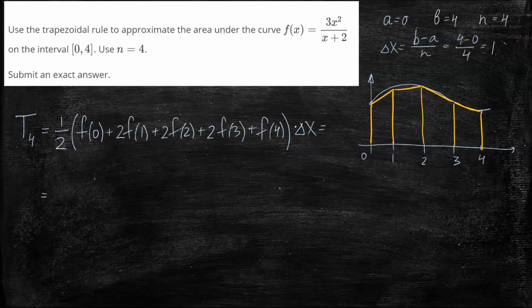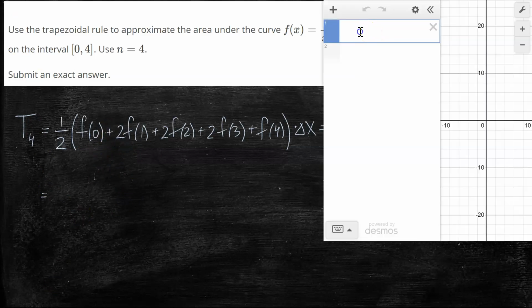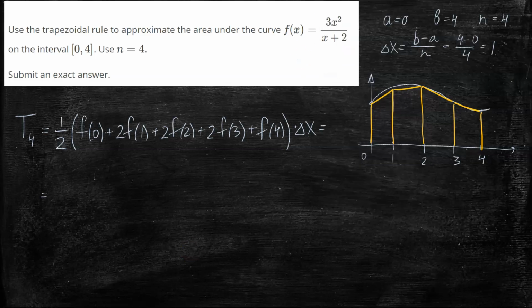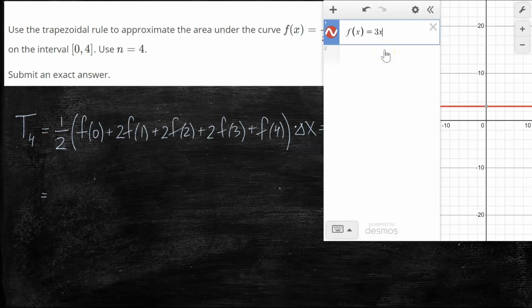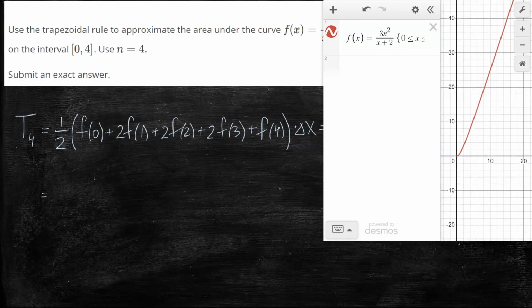So I'm going to use Desmos to find the values of this function at these points. So I'm going to define a function 3x squared over x plus 2 on the interval from 0 to 4. This is what it looks like.